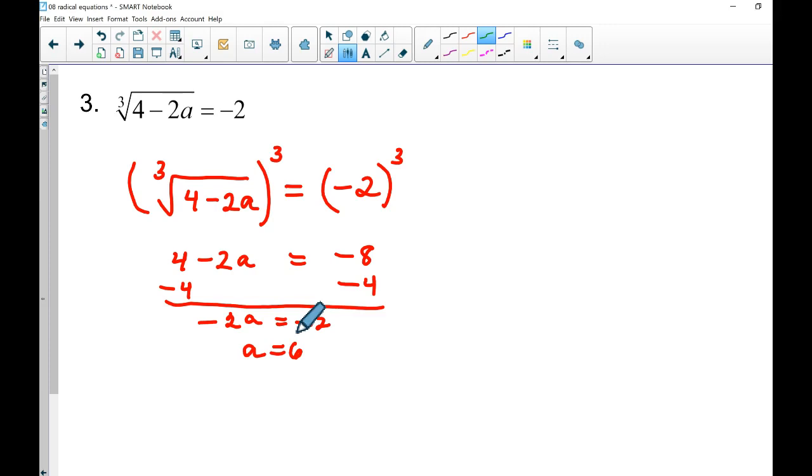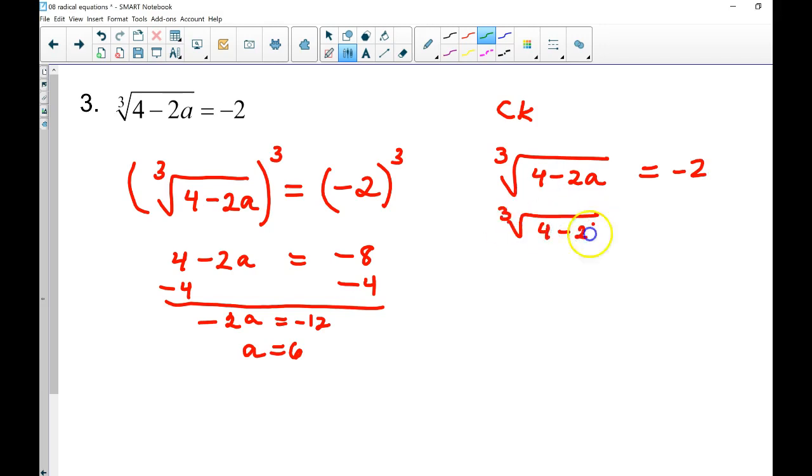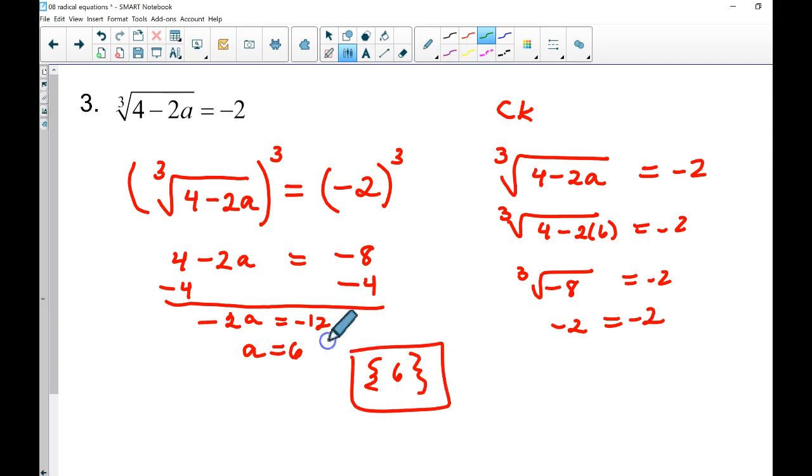And so the next thing I want to do is check my answer in the original problem. And lo and behold, it works. Great job, everyone. Again, put your final answer into a solution set.